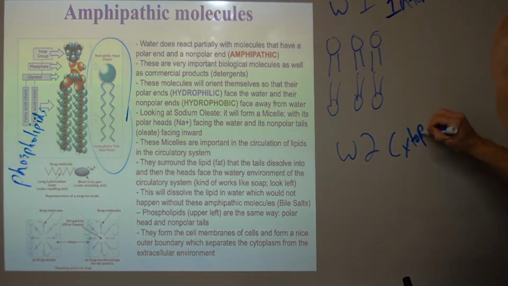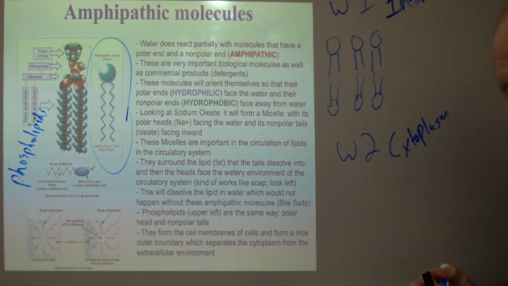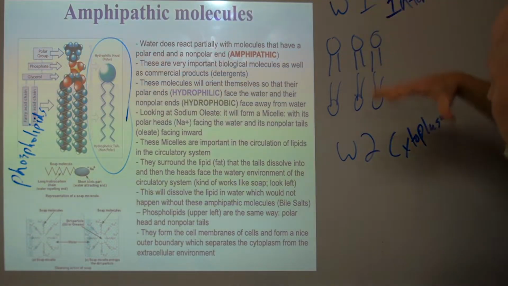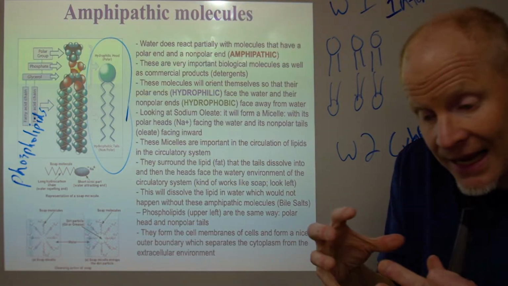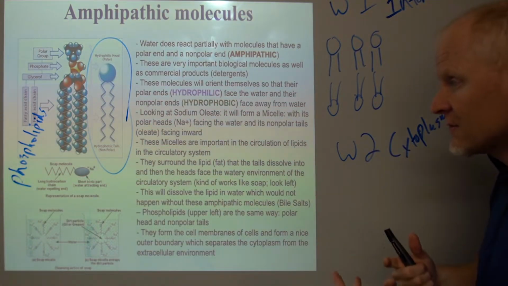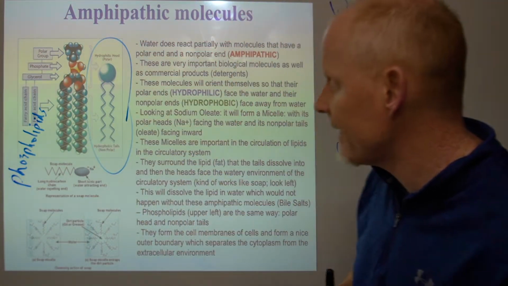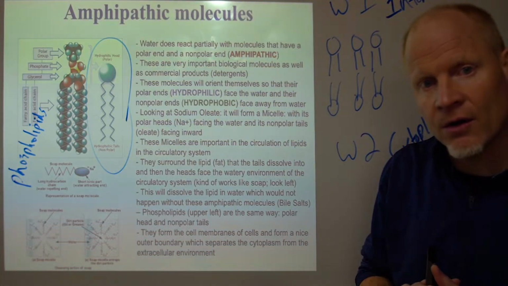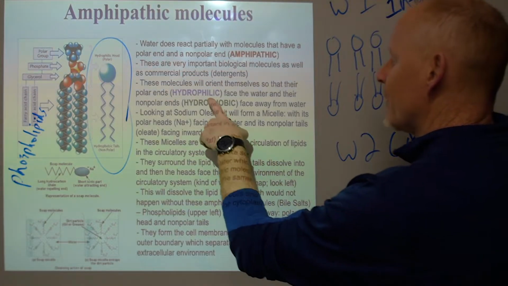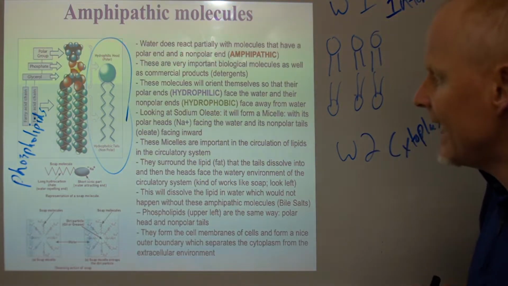And that's what cell membranes do. They separate the interstitial fluid from the cytoplasm completely, so they compartmentalize the cytoplasm away from the interstitial fluid. And that's what phospholipids do. They form the barrier that we call the cell membrane around cells. And so amphipathic molecules have both hydrophilic and hydrophobic ends, right?